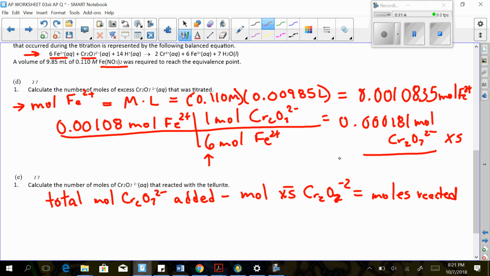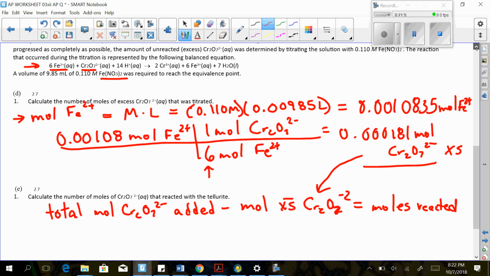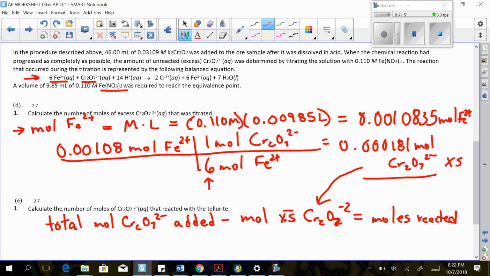And so if we look at that, part A is this. So we need to figure out how do we find the total moles added. So if we look back at the very beginning of this part, this tells us we have 46 milliliters and the molarity that was added to the ore sample. So that's how we're going to get our moles.